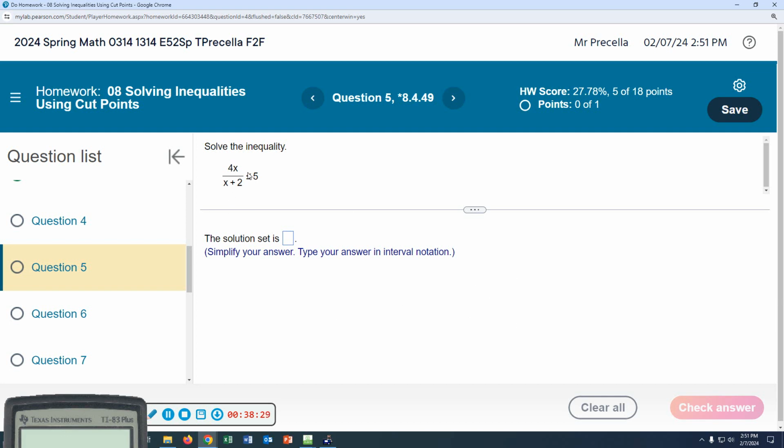If there's a less than or greater than, that's when you do use the cut point method. 4x over x plus 2 is less than or equal to 5.